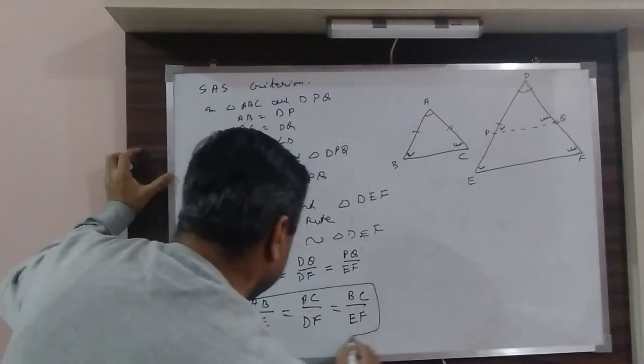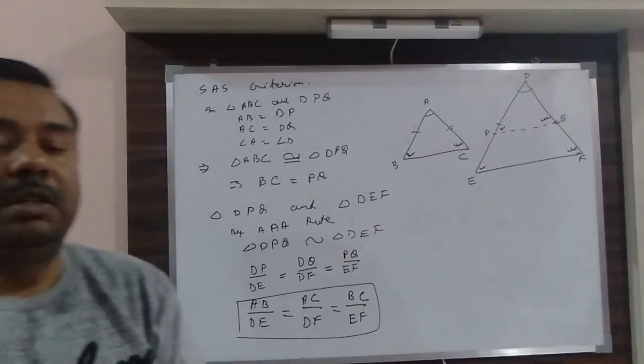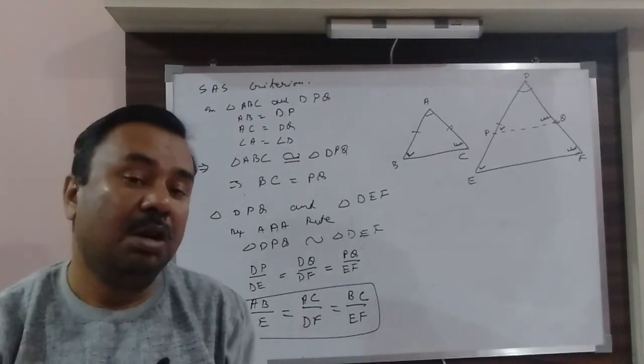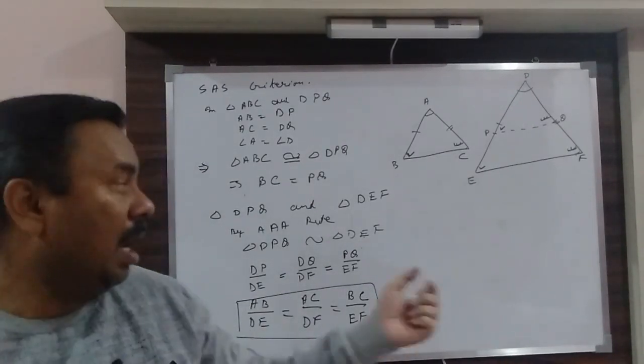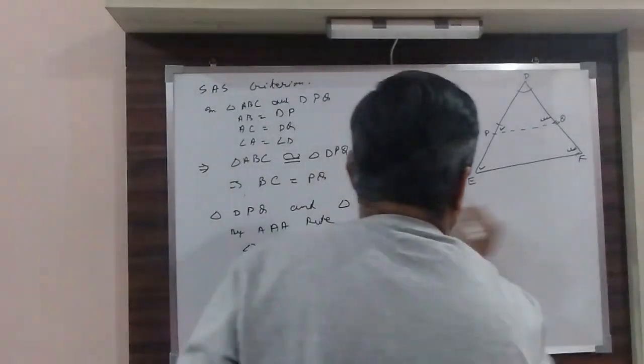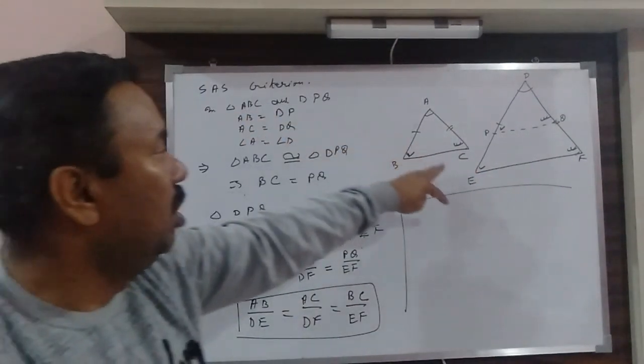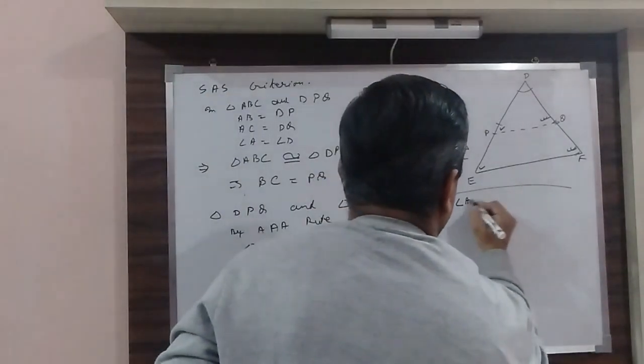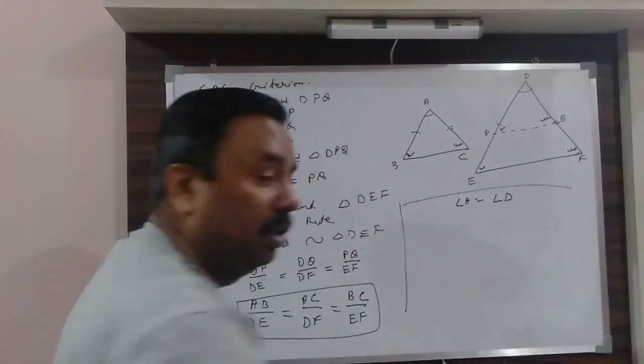What does it mean? That all the three pairs of corresponding sides are proportional. Another thing, I had already proved that angle A is equal to angle D. Why? It has been given.